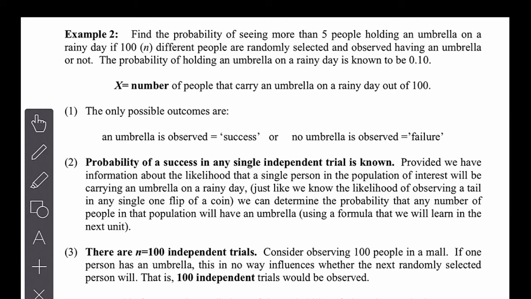And so 100 is the small n. It's like my sample. And I know the probability of them holding an umbrella. I give you that information here, 10% chance. What's the chance that on a rainy day they're going to be holding an umbrella?